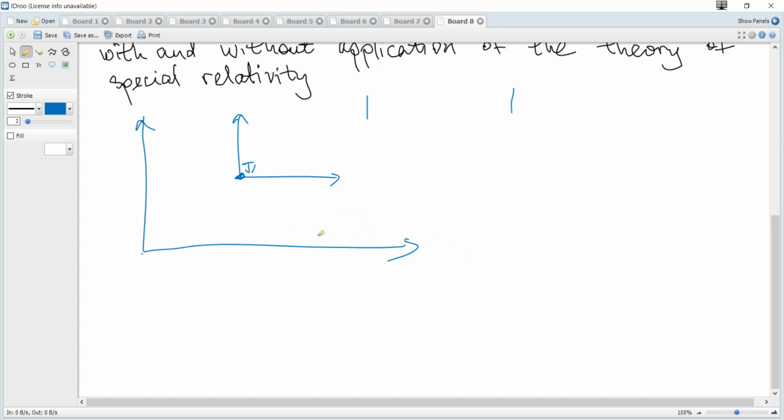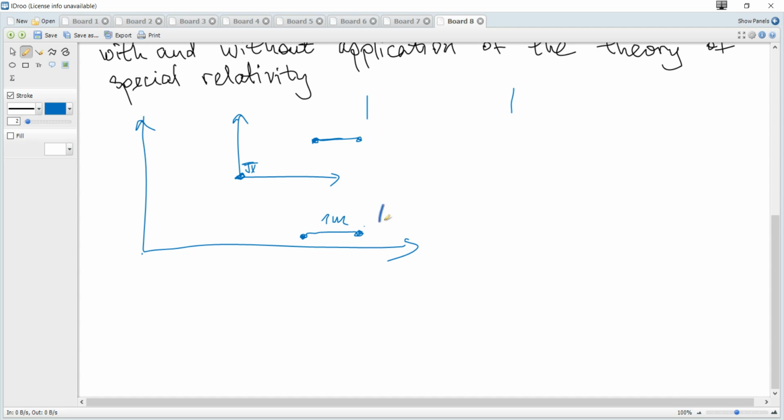If there is, for example, a stick of 1 meter in the laboratory reference frame on the Earth, and we put this stick in the rocket, then if you are in the rocket, you will also measure 1 meter because the stick is stationary in the rocket's reference frame. But from the Earth, we will measure a smaller value, for example 0.8 meters, and it's called contracted length.